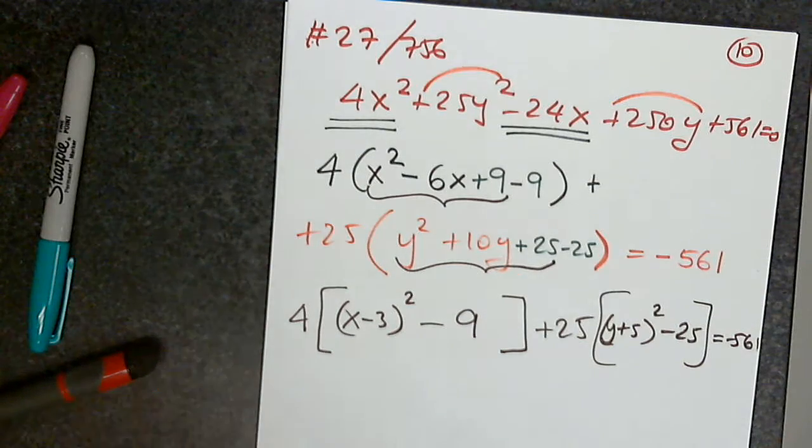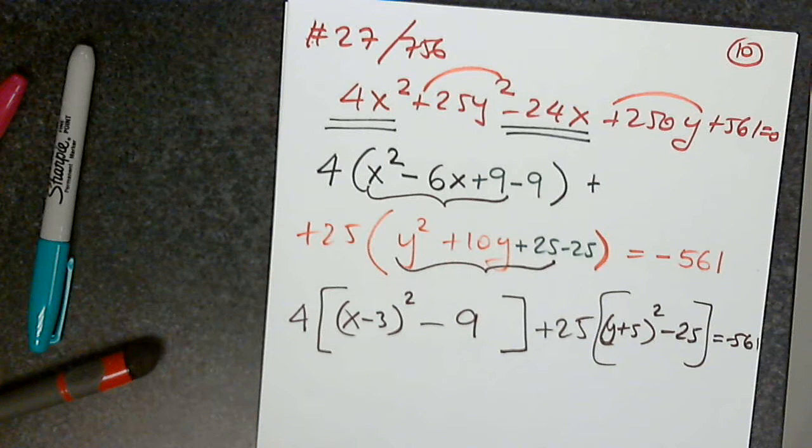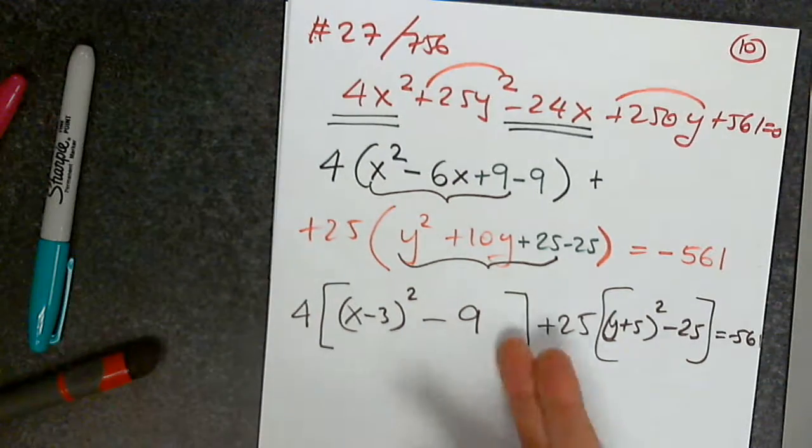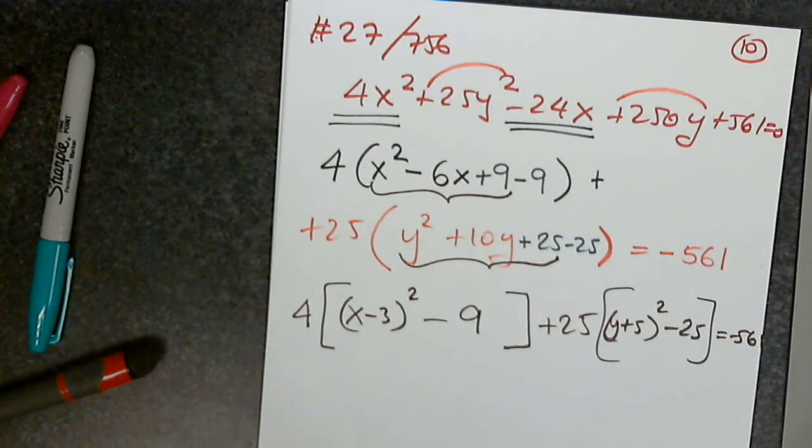What do you think by simply looking at this? What would you say? Oh, I know what you're going to do next. I must distribute 4 to these 2, and I must distribute 25 to these 2. I have no choice, because I have some free terms that have to move to the other side.